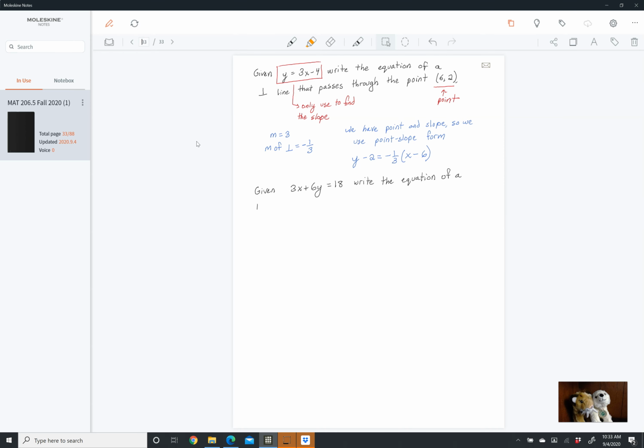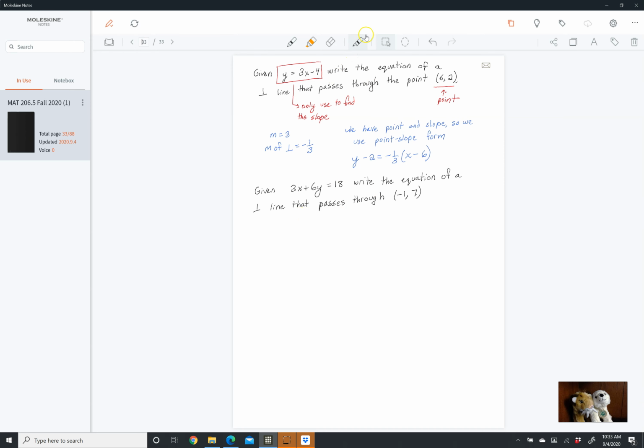So we're going to do a perpendicular line again. And if you notice, I'm starting to leave out a couple of words just to save some time, but we're saying passes through the point. Okay.